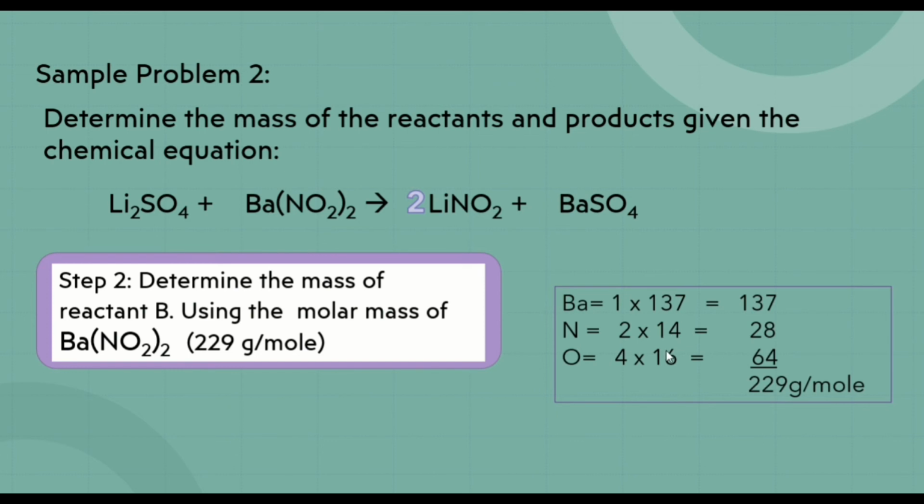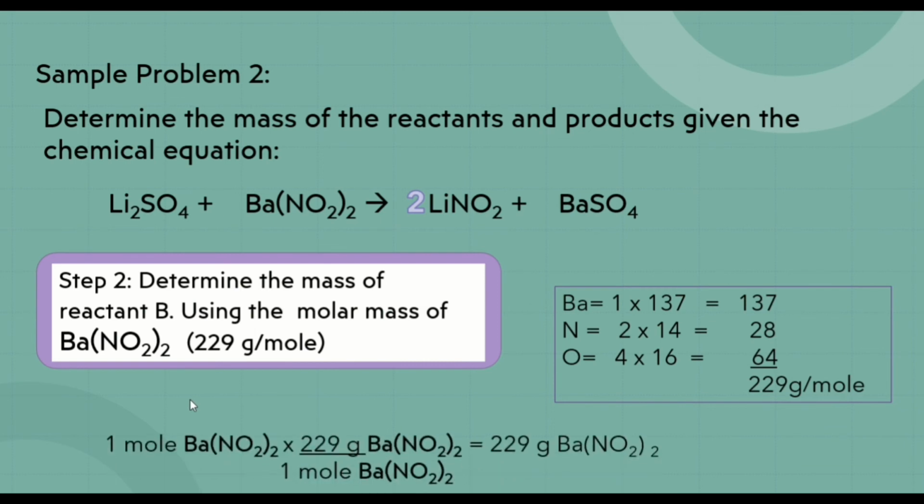Then we will use the atomic weight. Barium is 137, nitrogen is 14, oxygen is 16. So we'll just multiply each. So 1 times 137, that is 137. 2 times 14, 28, and 4 times 16, 64. Just add it all. That's why we have 229 grams per mole.